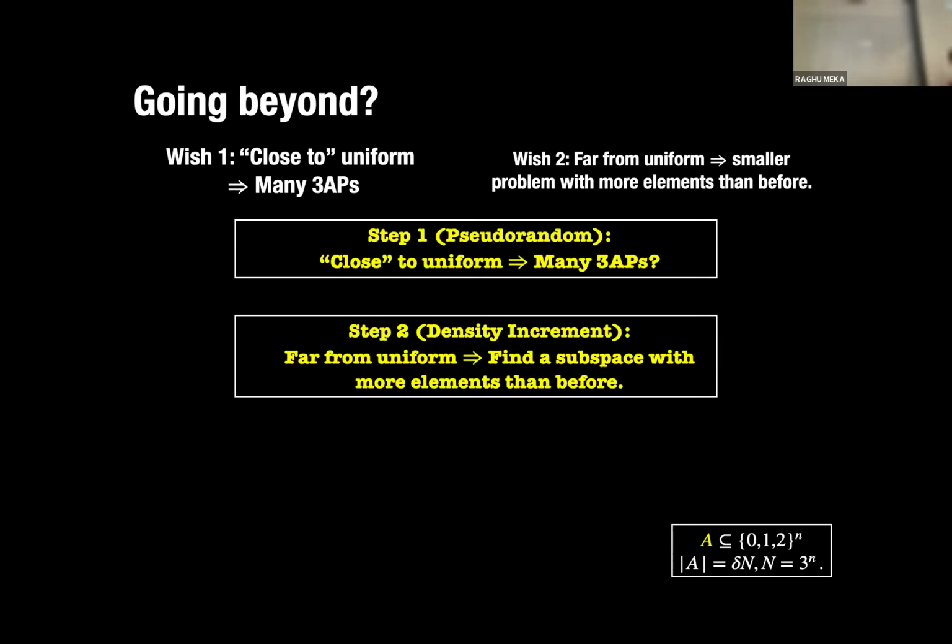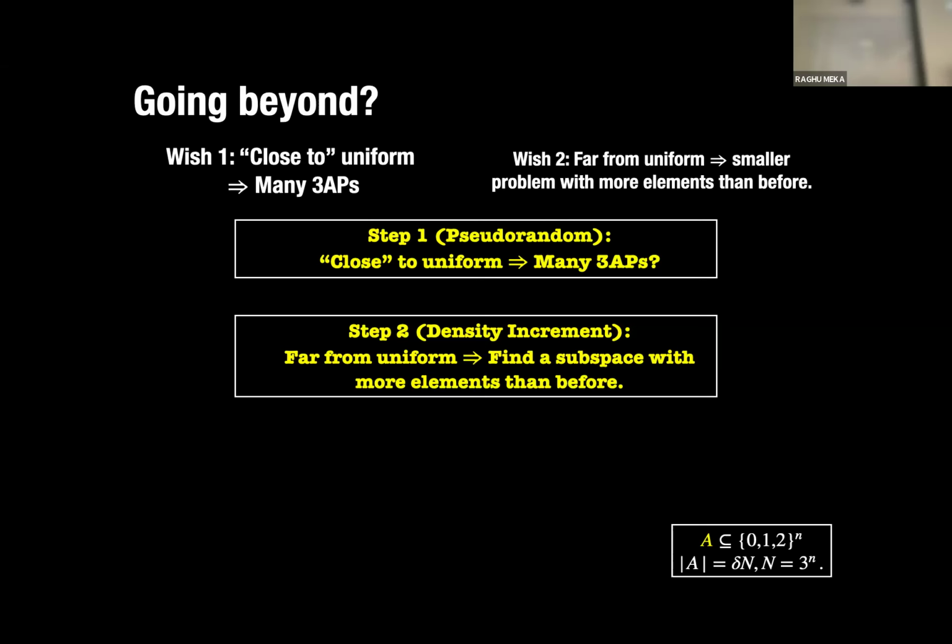We need a pseudo-random argument to say, even if my set A is pseudo-random or close to uniform, I get many 3APs. That's the wish 1 part. Wish 2 is to say, if I'm far from uniform, then I want to find a subspace with more elements than before. Okay? Quantitatively, what matters is this dichotomy.